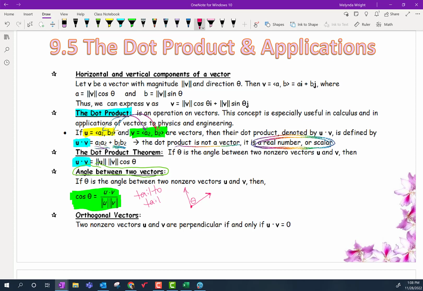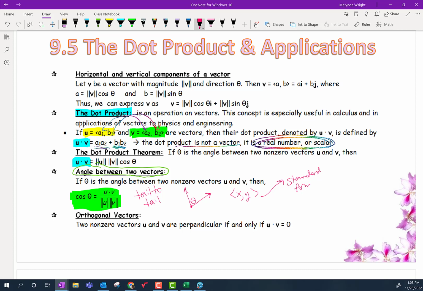But if the vector is in standard form, it's just got the x component and the y component. This is called standard form. If the vectors are in standard form like these components, then they are tail to tail.